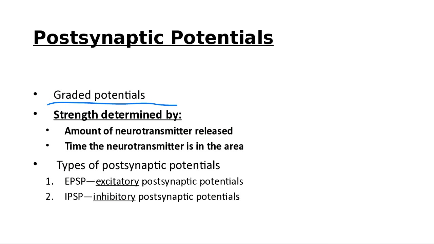The strength of these potentials depends on the amount of neurotransmitter released, so the more that's in the synapse, and the amount of time it hangs out in the synapse.